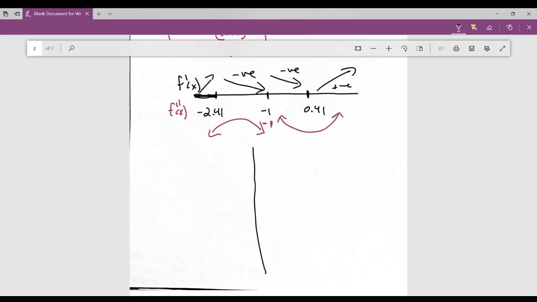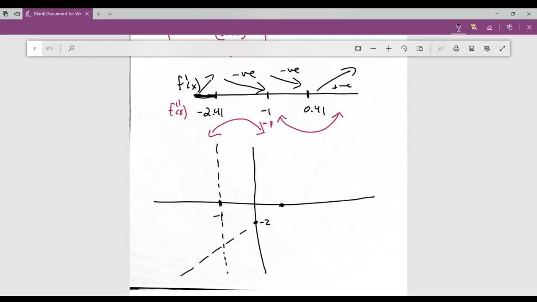Okay, so now we're going to sketch this graph based on this information. So these graphs are kind of tricky. Vertical asymptote at -1. Mark that. We have a slant asymptote of y is equal to x minus 2. So -2, up 1 over 1, up 1 over 1. y is equal to x minus 2.